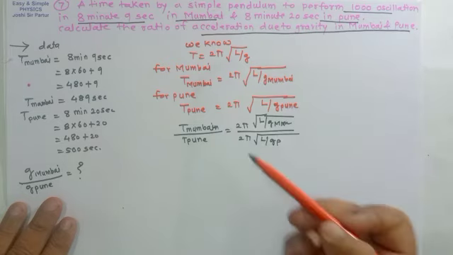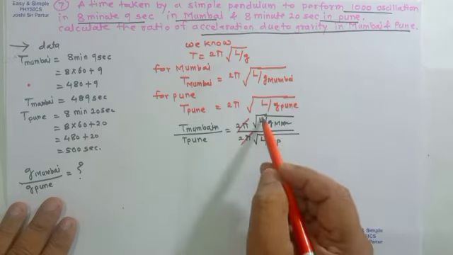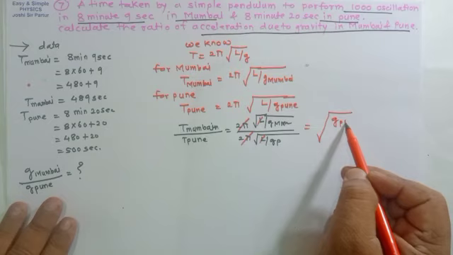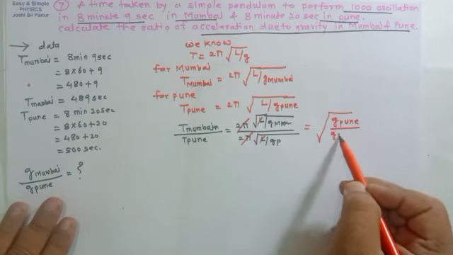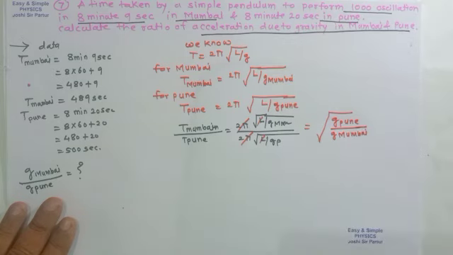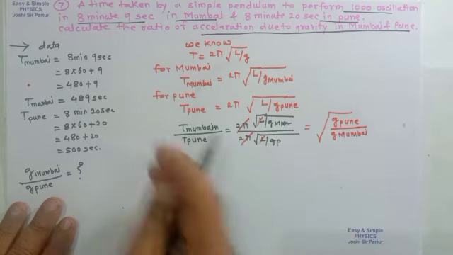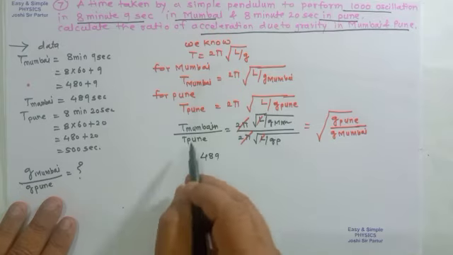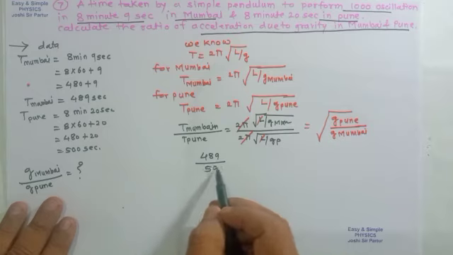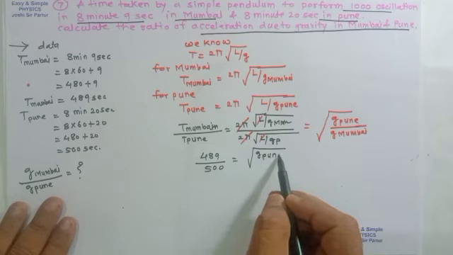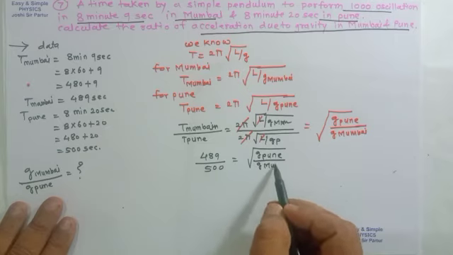So here 2 pi gets cancelled, L gets cancelled, means square root of g Pune upon g Mumbai. So here if we substitute the values, T for Mumbai will be 489, and T for Pune will be 500 seconds, is equal to square root of g Pune upon g Mumbai.